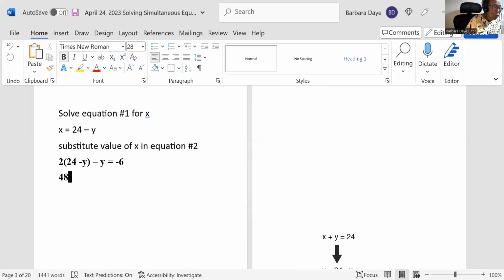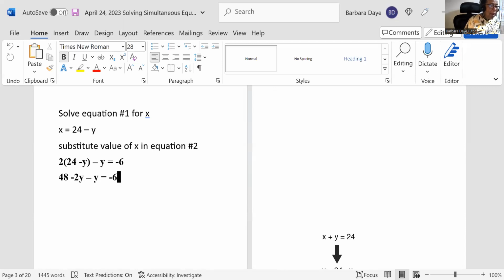And what do I get 2 times minus y? Minus 2y, very good. Minus 2y. And then we have the minus y, right? And that's, of course, equal to the minus 6.